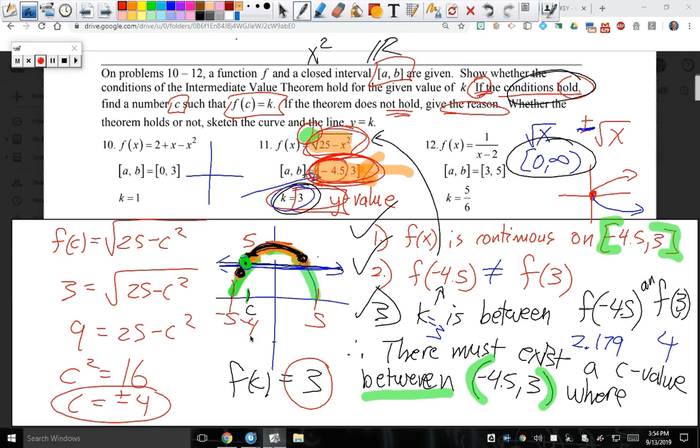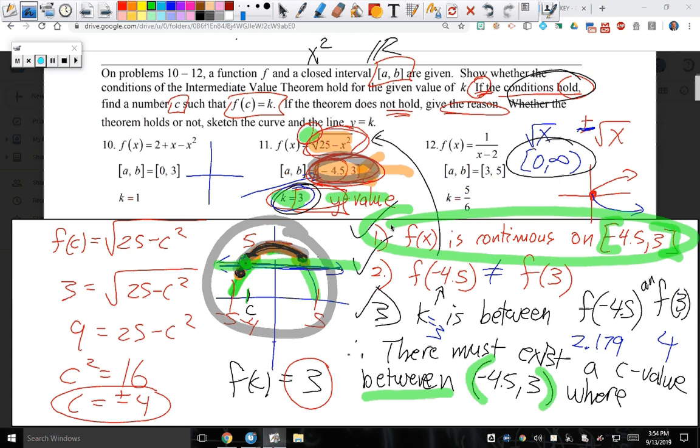Now watch. To finish this off, I need to know what I'm looking at graph-wise. I need to know how much of the graph I should actually have drawn to begin with. I need to know how to reference this y value horizontal line. And then I have to go through all the steps with correct parentheses or brackets, with correct notation. Notice that I did not put 2.179 right here. That's not how the theorem is defined to be used.